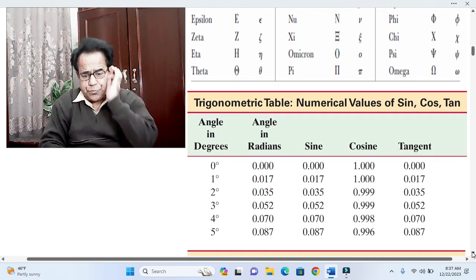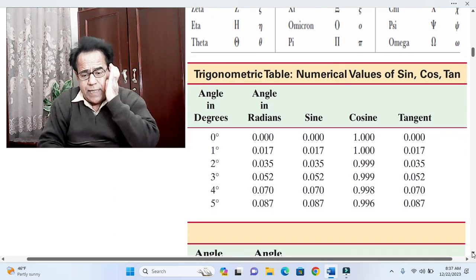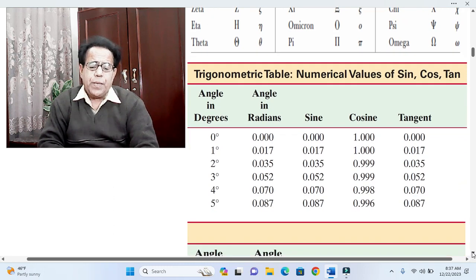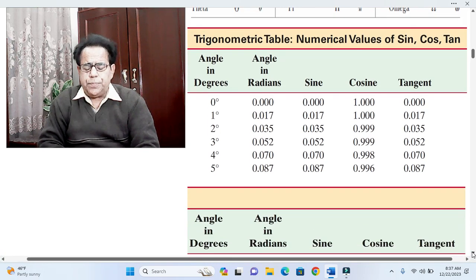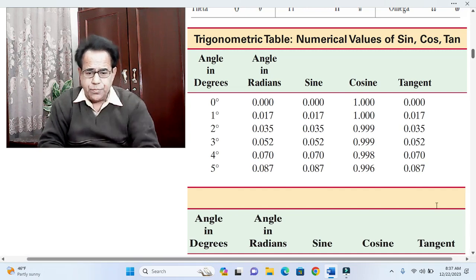Next, dear students, a part of a table. This table has been chosen from the book of Douglas C. Giancoli. This is the beginning part of that table. Actually, this table is lengthy, but we have just chosen the concerned parts.